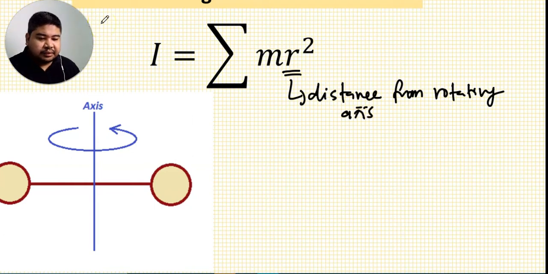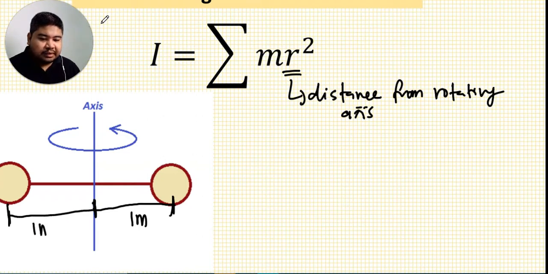In this example, we have masses rotating about this axis. Let's say the distance from the axis to the first mass is 1 meter, and the axis to the second mass is also 1 meter. The mass on the right is 2 kilogram, and the mass on the left is also 2 kilogram, just to make things simple.